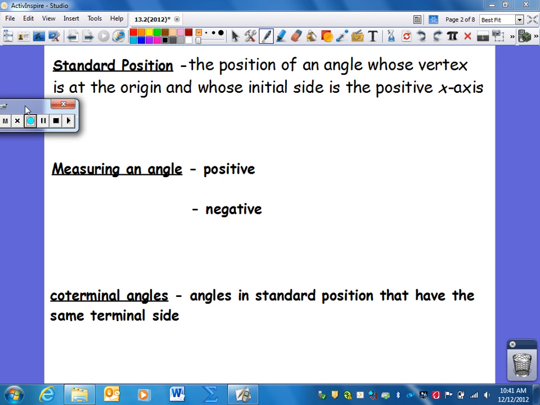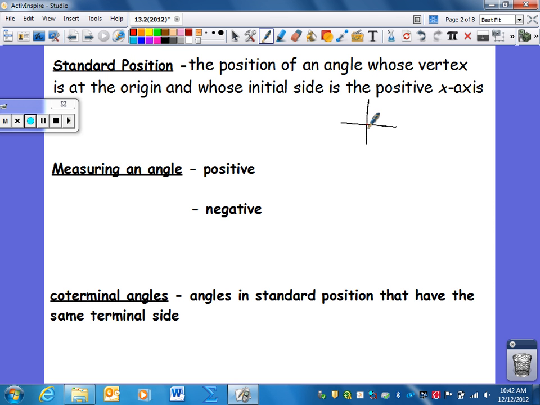Standard position of an angle is the position of an angle whose vertex is at the origin, whose initial side is the positive x-axis. What I mean by that is, when you draw angles, the initial side is the positive x-axis.